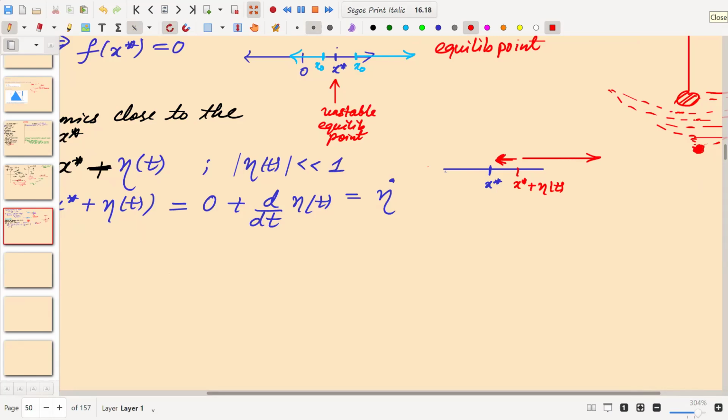This is a formal way to do it, linearization. You see what happens near the equilibrium point.